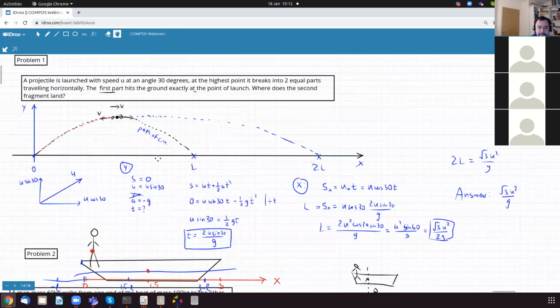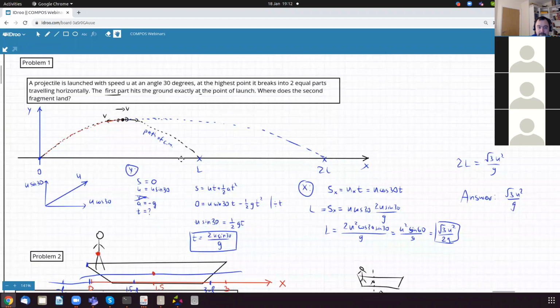I was just thinking that you could also think about that with conservation of momentum, because the total momentum remains constant if there are no external forces. Or you can say the total change in momentum is equal to the sum of the external forces times time.